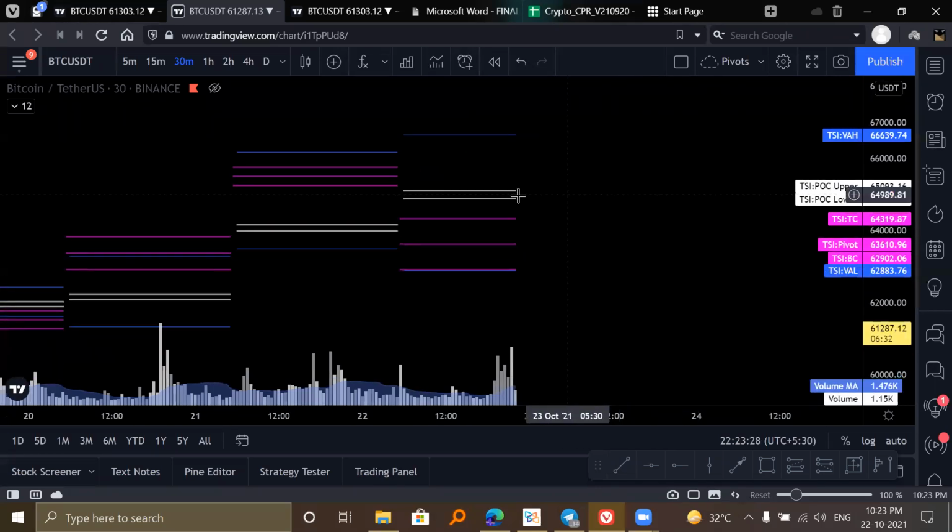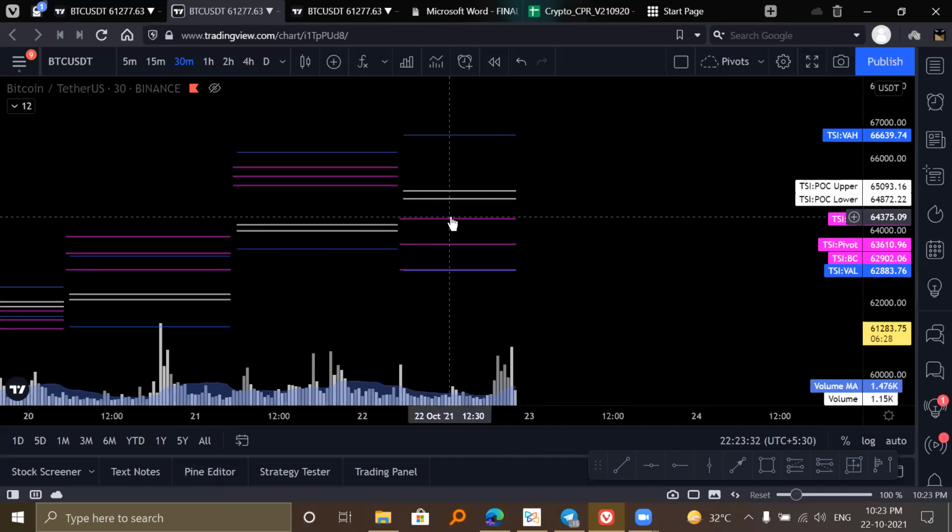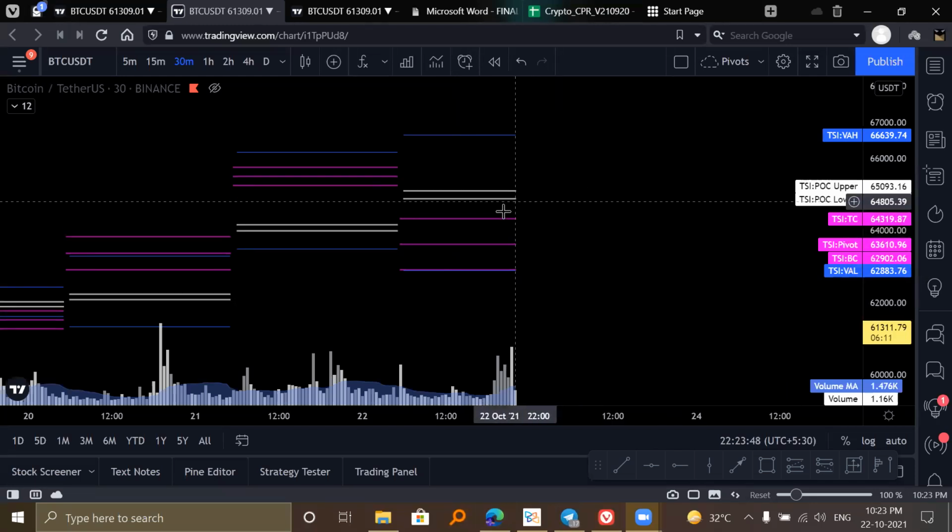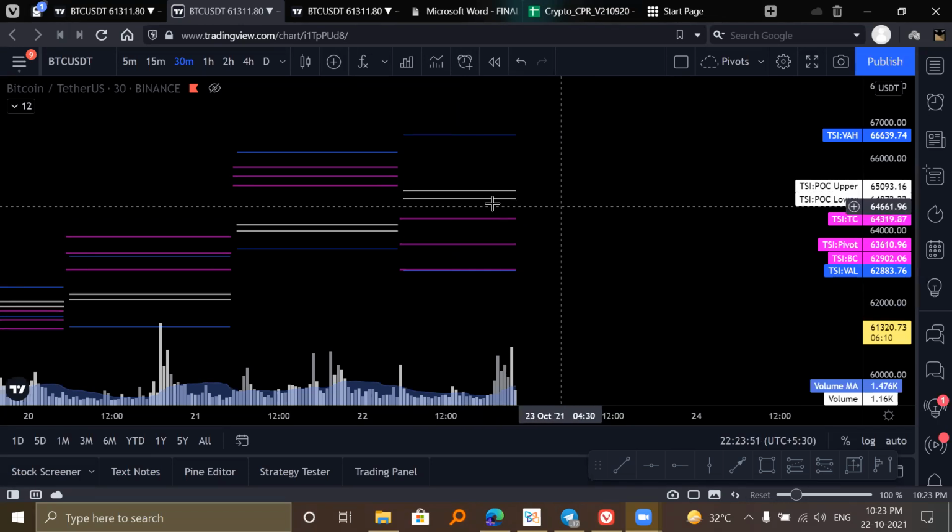You can see that these are the white lines. White lines are known as POC, or point of control. So these white lines are called POC.